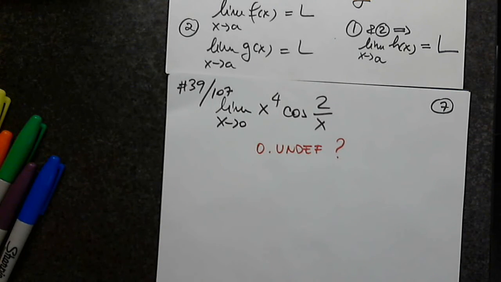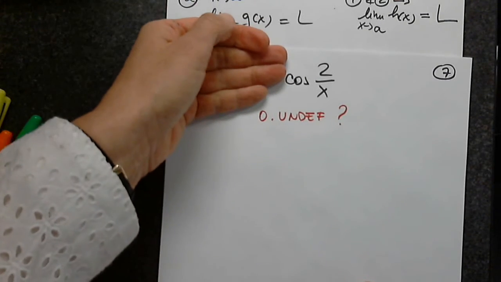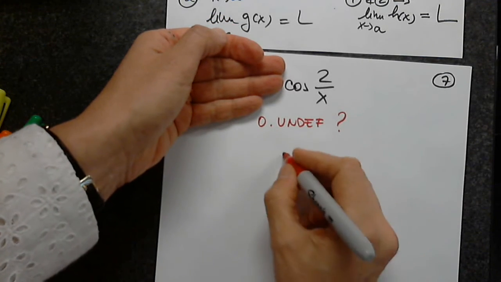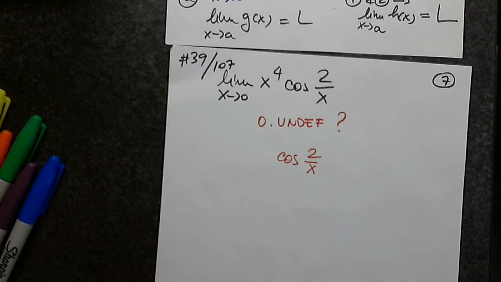Okay, so now I'm going to decompose it in two pieces. First of all, I'm going to say, forget about x to the fourth. Let's think about cosine of 2 over x. What do we know about this function? How high can cosine be? Very good.